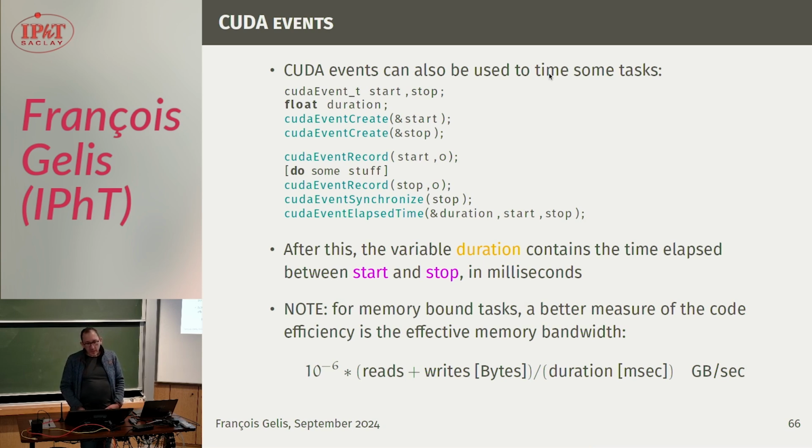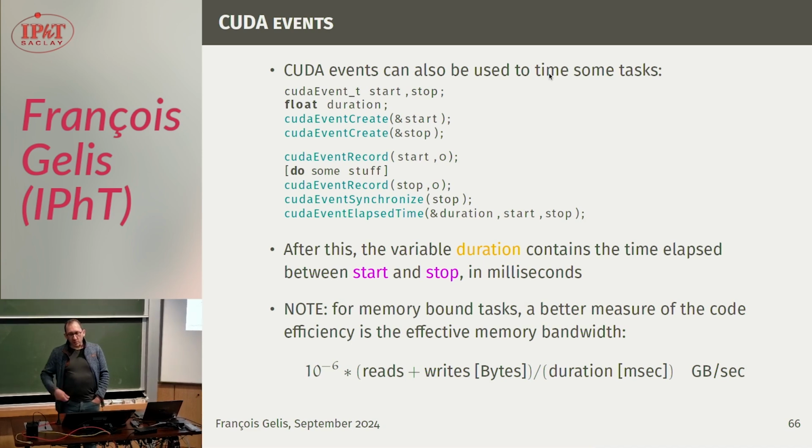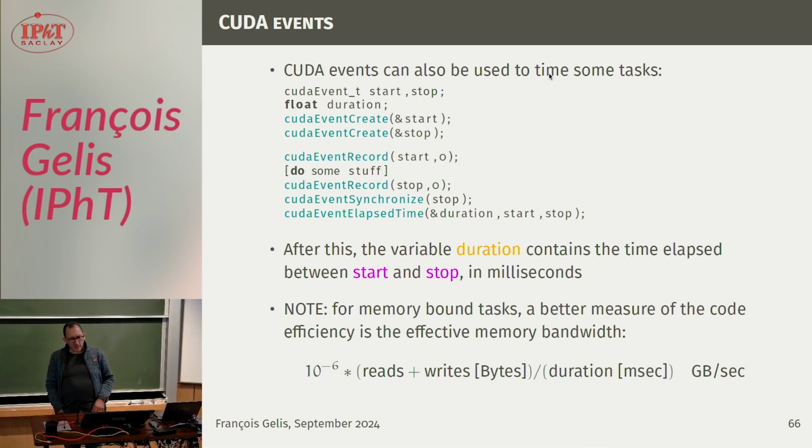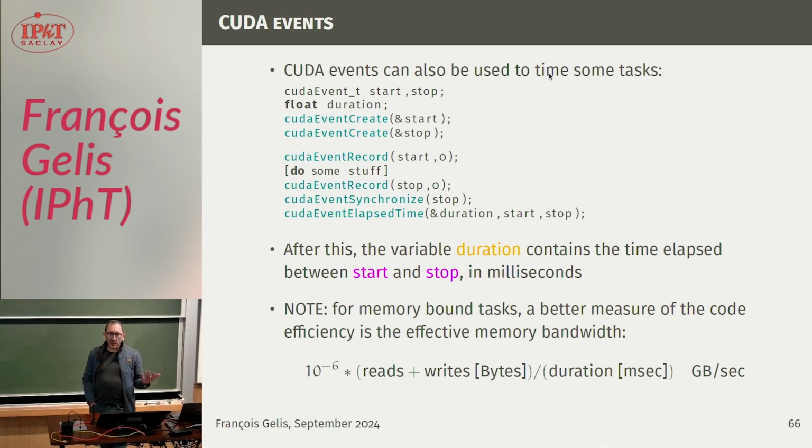And there are cases where you don't really care about the precise time in milliseconds. What you care about, because that's a better measure of how your code performs, is the bandwidth. This is the case for any computation which is limited by the time it takes to read the data in the memory. For instance, I will show you an example next week, which is calculating the transpose of a large matrix.